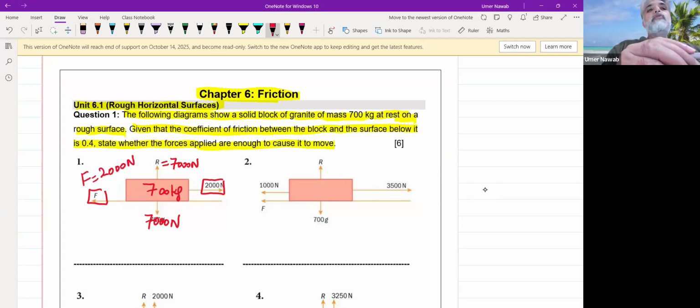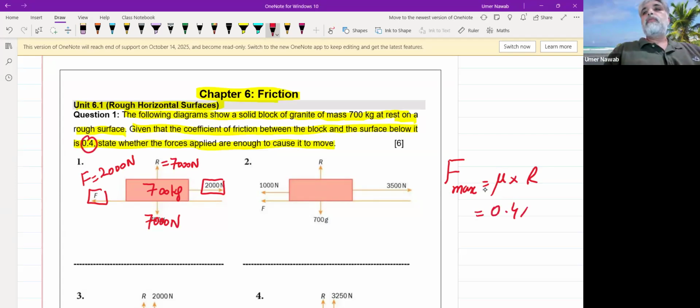Now I need to check what the F max of this situation is. F max is equal to mu R. The coefficient of friction is given as 0.4 and the reaction is 7,000. When I multiply them, it gives you 2,800 newtons.